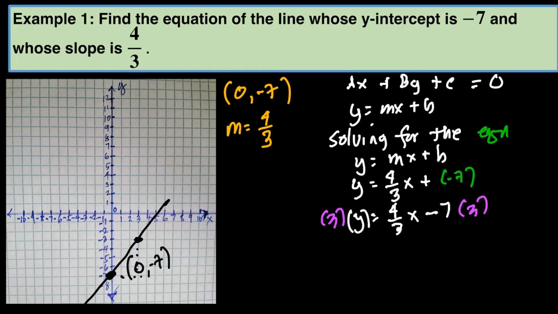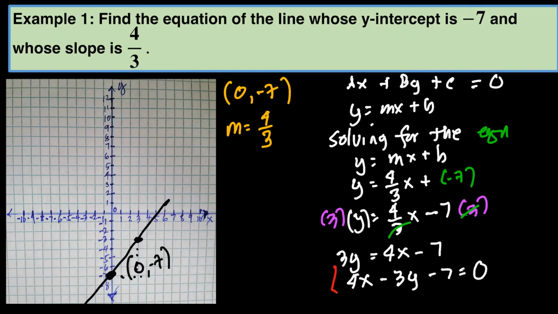This will give us 3y equals, of course the 3 will cancel out, so what is left is 4x minus 7. Expressing this in the general equation of the line, we have 4x minus 3y minus 7 equals 0.